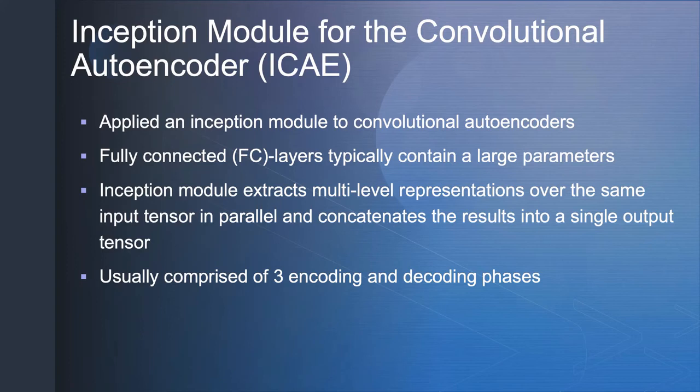Instead of using a single convolution, the inception model extracts multi-level representations over the same input tensor in parallel, and then concatenates the results into a single output tensor. Since the authors' models are based on 3D tensors, the result of the inception model is a concatenated 4D tensor.